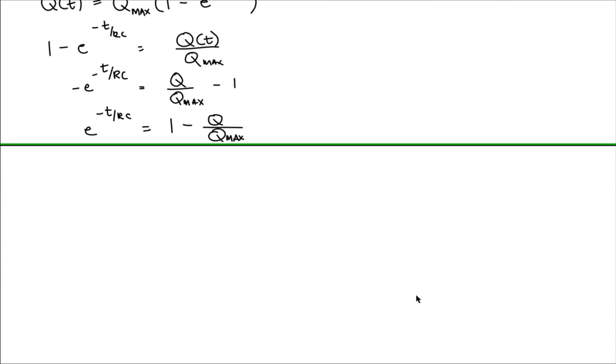To solve for time, let's take the natural log of both sides of our equation. That natural log will remove time from the exponent.